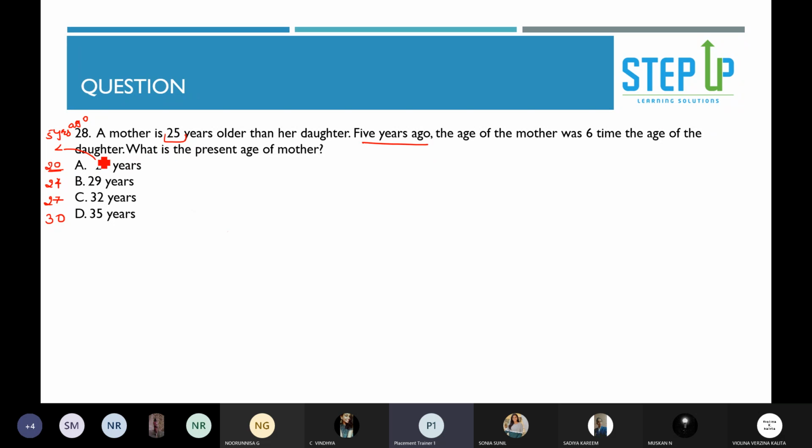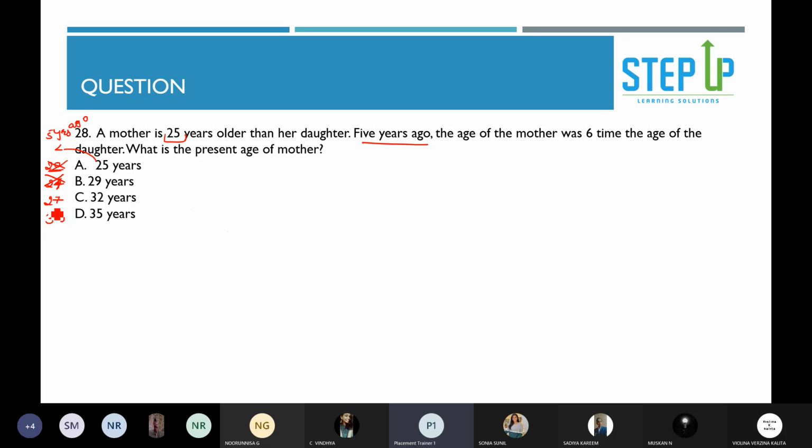It means that the mother has to be at least 25, right? So can I eliminate these two options, 20 and 24? Do you understand that? Yes, ma'am. Because 5 years ago, mother's age was 20 and 24, which was not possible.